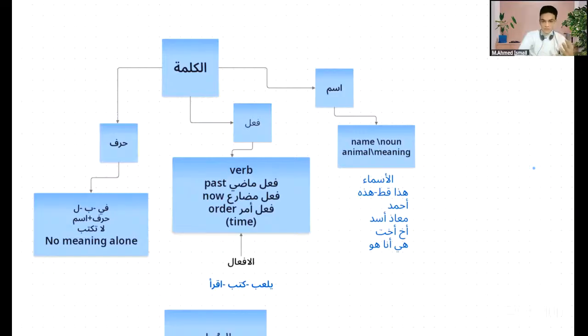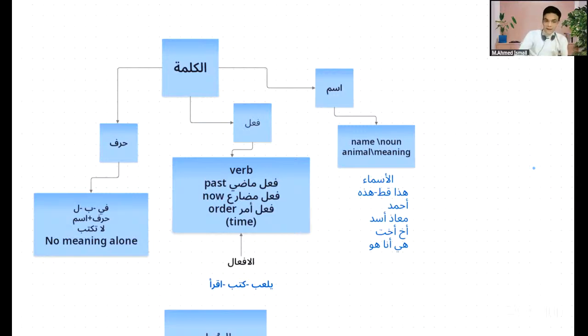We have ism, for example, like Ahmed, Muaz, Ali, Farouk, Hassan, Fatima, Maryam, all of that is called ism. And here we have the fi'l, like يلعب, يكتب, or كتب, اكتب, العب, all of that is fi'l. Whether it's a common verb or present or past, let's say ماضي, مضارع, and أمر, we will learn about that later.